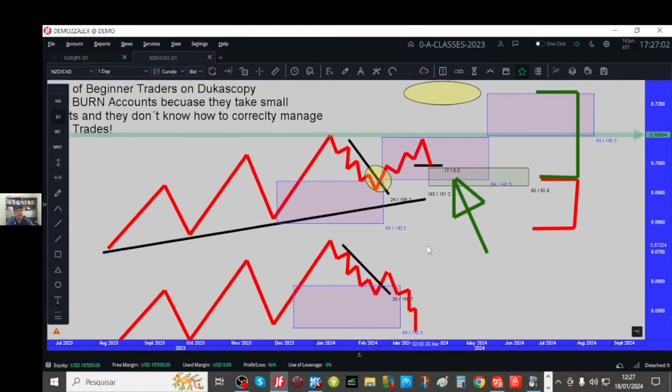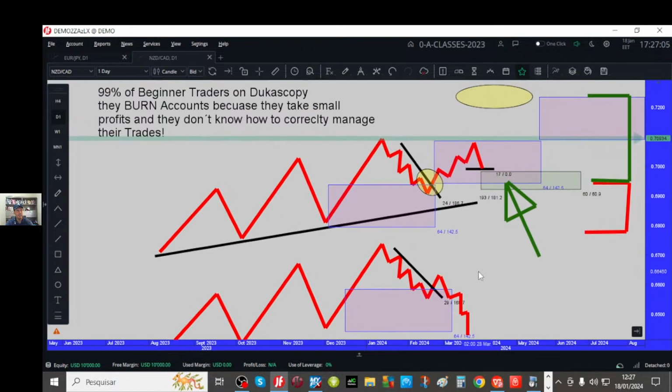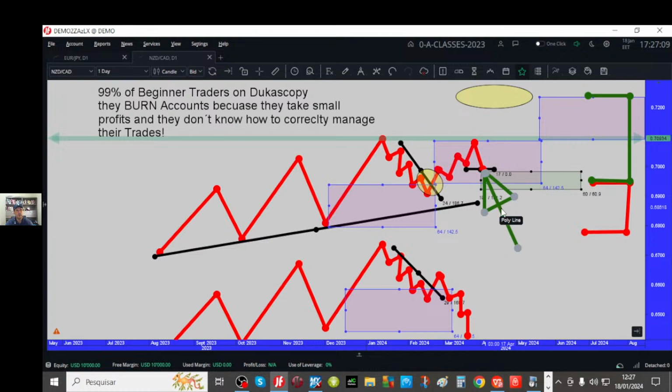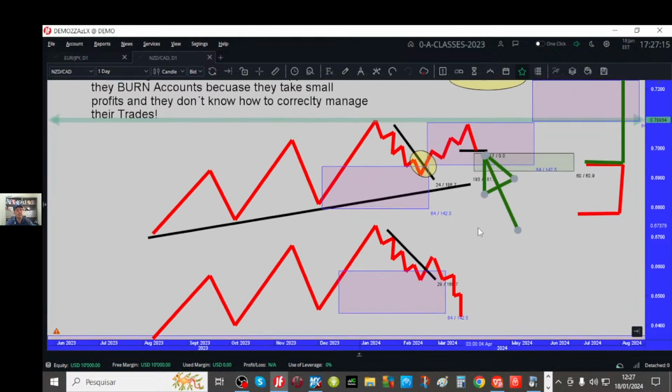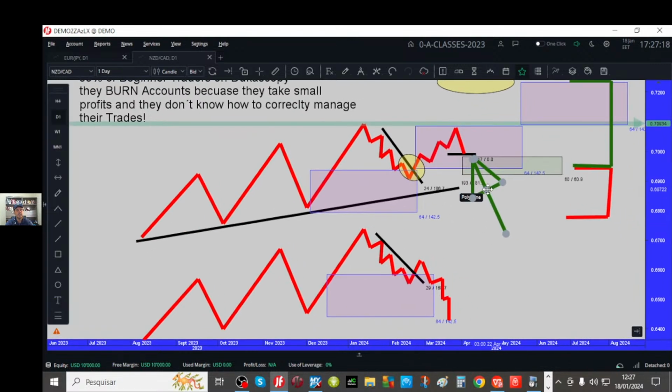Make sense? I must re-enter. I cannot pocket the small profit, close the currency pair, and go checking. Oh, let's trade something else.